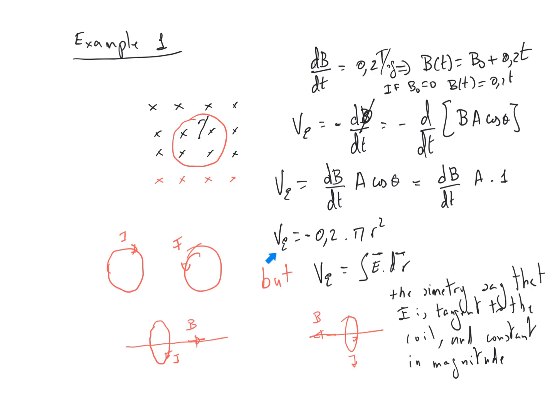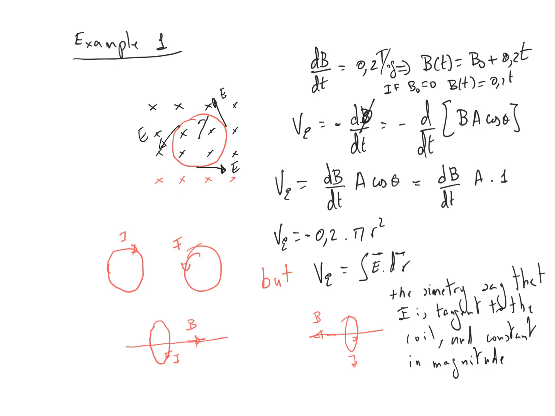So in this case, V sub E is the derivative of B with respect to t, 0.2, times the area, pi R squared. So you have V sub E, and you can find the induced electric field. You have to suppose that there is a symmetry here that allows you to think that the electric field will be like this. But will it be like this or in the opposite direction?